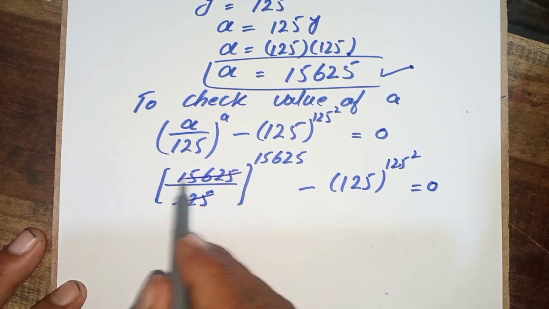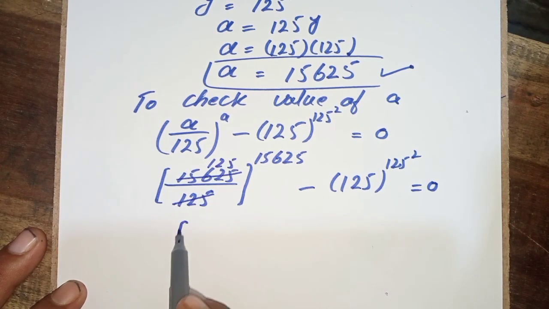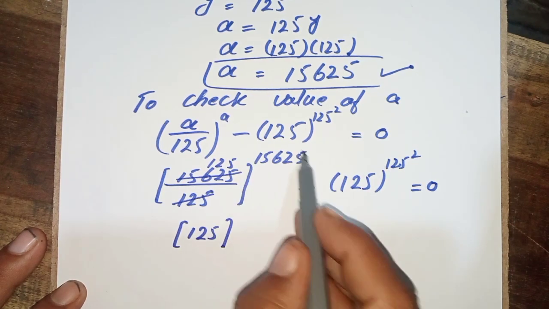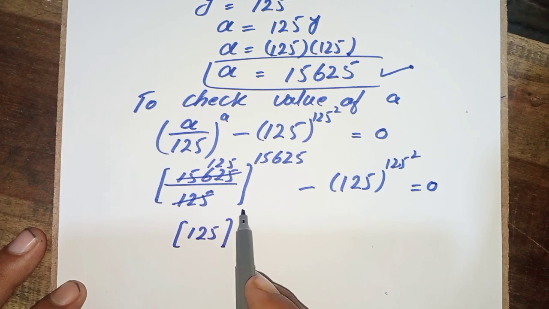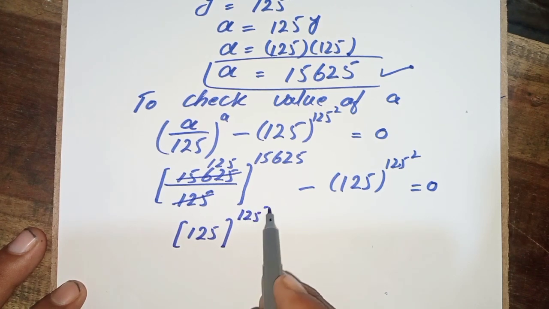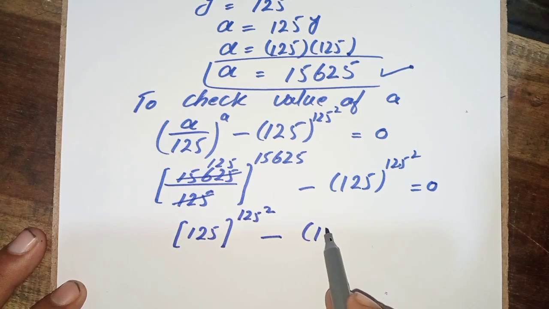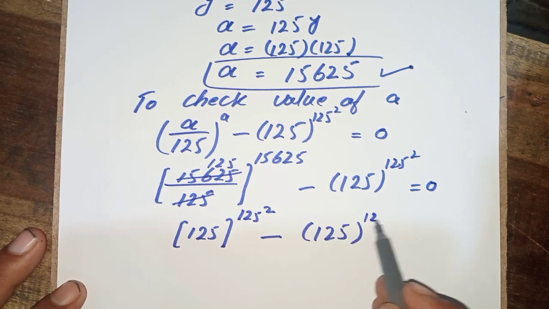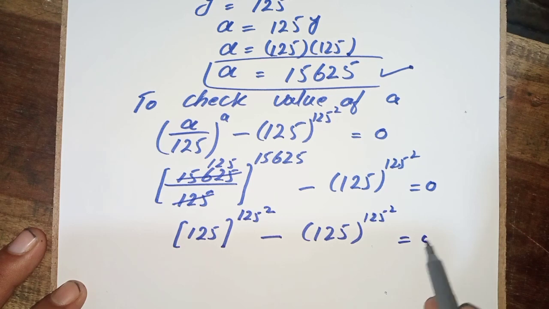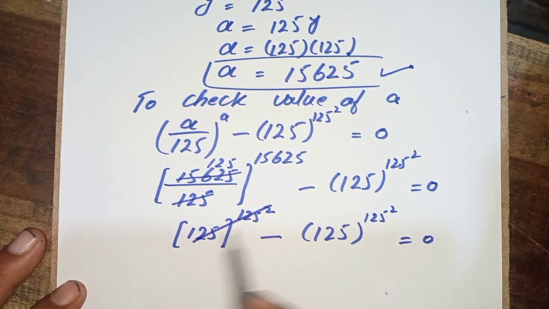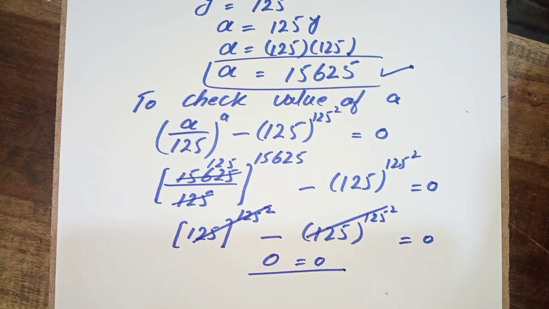We cancel this, and this becomes 125. Now we can write it as 125^15,625. This is a multiple of 125, so we can write this as 125^(125^2). So this is also equal to 125^(125^2), and the same values cancel each other, and the equation becomes 0. 0 is equal to 0. We have proved that the value of a is 15,625. Students, if you like our lecture, please like and subscribe my channel to watch more videos.